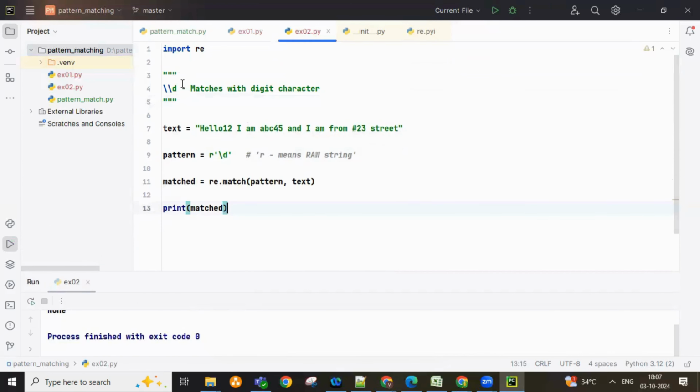Guys, we need to understand a few things here. Basically, slash n means new line, right? In order to remove the specialness, we put a double backward slash, which removes the specialness. If you don't remove it, it understands that there is a specialness. Did you see this?